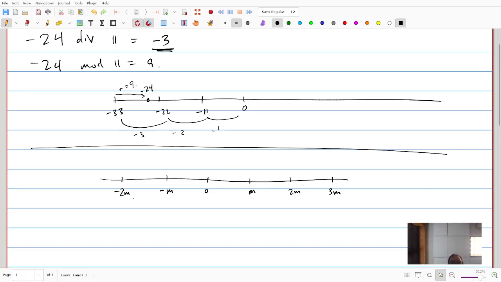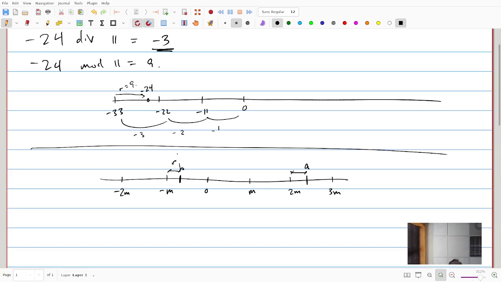Let's say I have some number a, which is right here, and some number b, which is right here. If they have the same offset, they have the same remainder when we divide by m, I want to consider them the same.